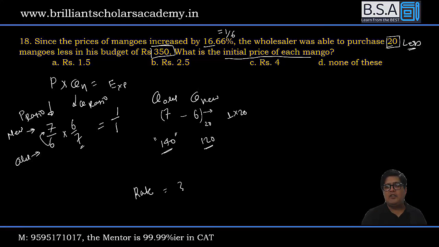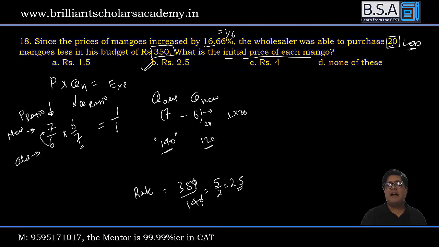Total money 350. Total mangoes 140. There is your answer. Zeros cancelled. Cancel by 7, 5/2. So price of a single mango was 2.5 rupees initially.